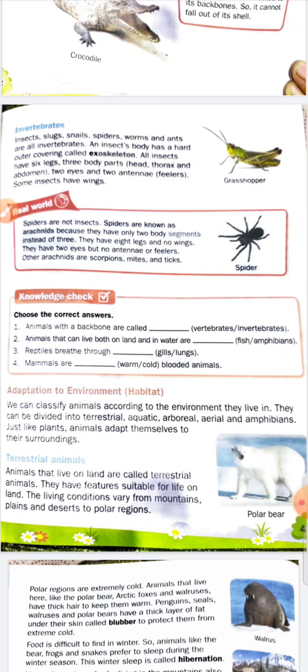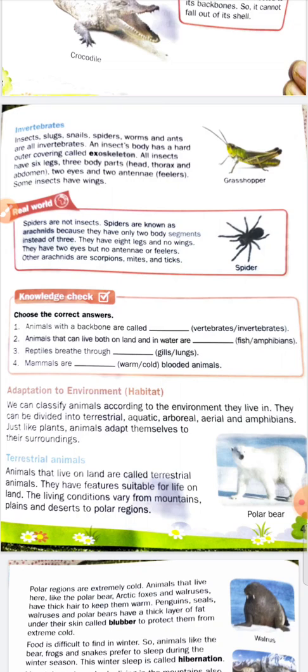Why are they not insects? Because the body of an insect has 3 body parts: head, thorax and abdomen. But a spider has only 2 body segments instead of 3. And how many legs do they have?